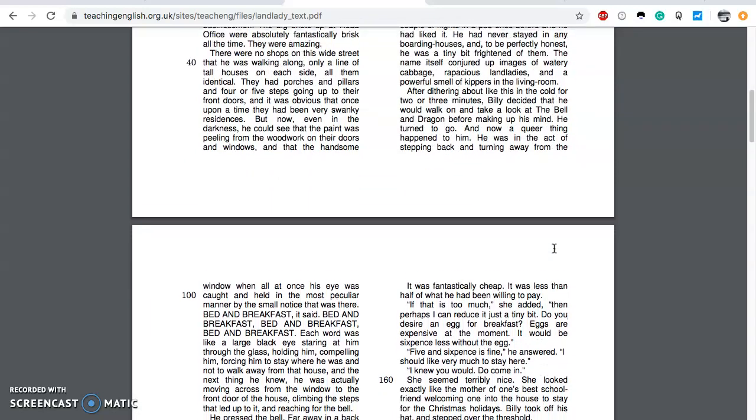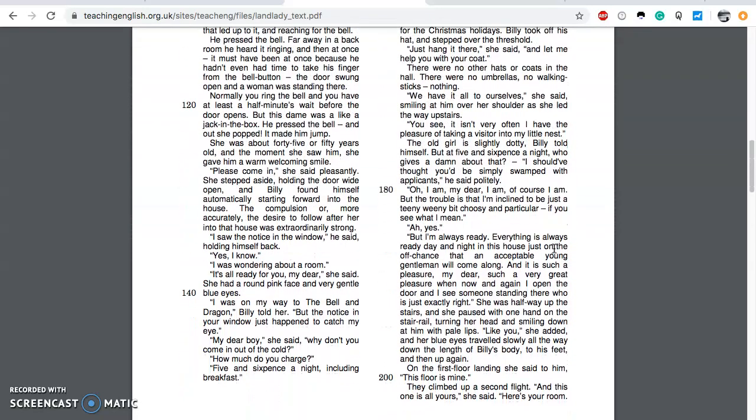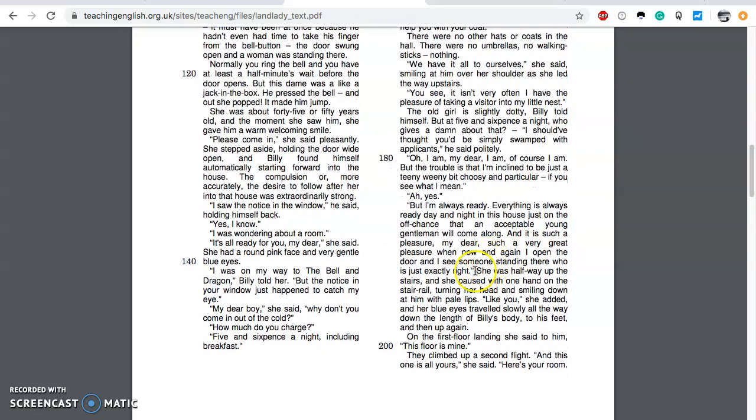And then the reader realizes, once Billy Weaver goes in, right, and she lures him in, the landlady halfway up the stairs turns her head and smiles at him with pale lips. Ooh.